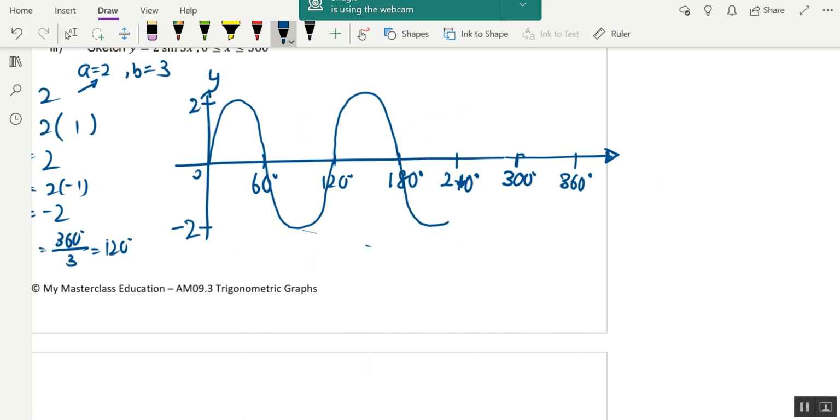Go down, make sure you turn at roughly the same place. This is also not very good. Clean it away. Go down and turn up. Up, down, down, up. So this is y equals 2 sine 3x.